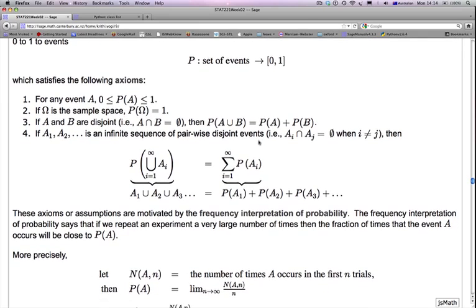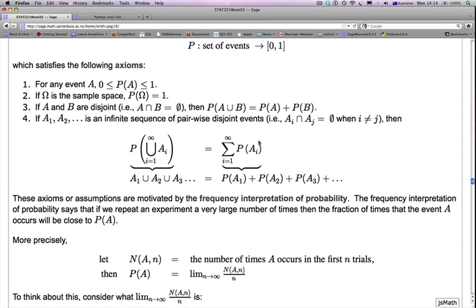The final and fourth condition is if you have an infinite sequence of pairwise disjoint events. Okay, here clearly the interesting case would be when the sample space is not a finite set, like in the 3 examples we saw earlier, but something more interesting, like let's say if I keep tossing a coin and count the number of tosses I need before I see my first tail.